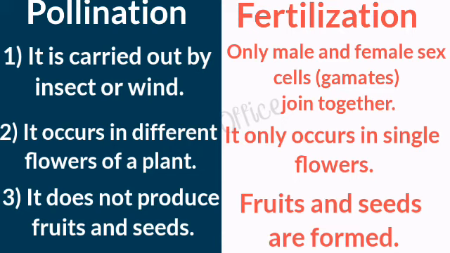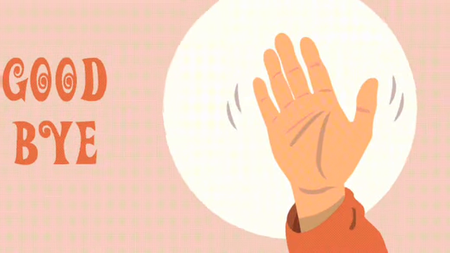Pollination occurs in different flowers of a plant, but fertilization only occurs in single flowers. 3. Pollination does not produce fruit and seed, but in fertilization, fruit and seed are formed. So these are some differences between pollination and fertilization.